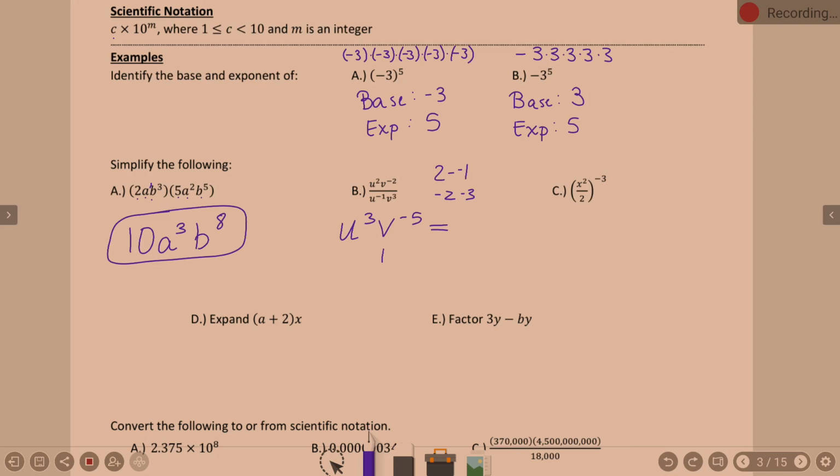And we think of it as 1 over v to the fifth. This was u to the third. If I put those together as one fraction, we're going to think u to the third over v to the fifth. Okay, so basically positive exponents stay on top, negative exponents move to the bottom to become positive. So u to the third over v to the fifth.